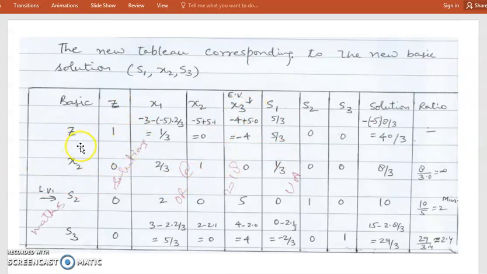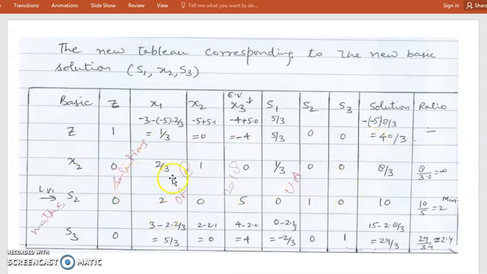Here Z is the same, S1 has been replaced by X2 because it has entered, and S2, S3 are there. This is the calculation for x1 and x2 using the formula. So we get these values: 1, 1 by 3, 0, minus 4, 5 by 3, 0, 0, and 40 by 3.